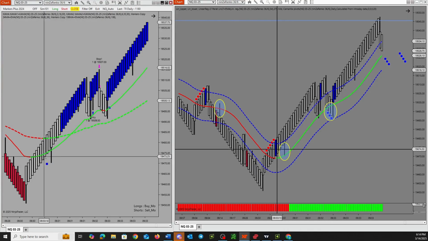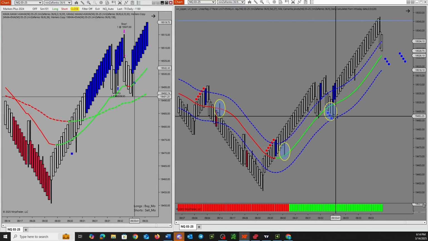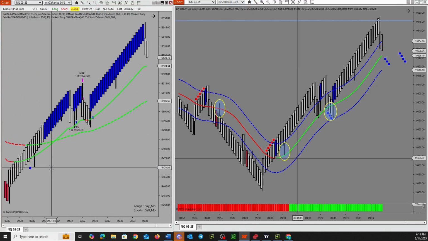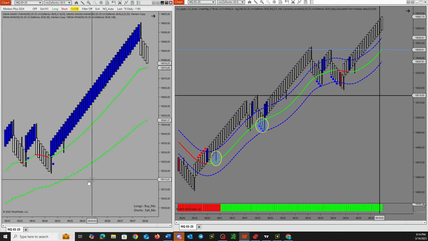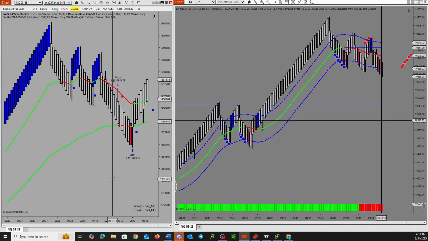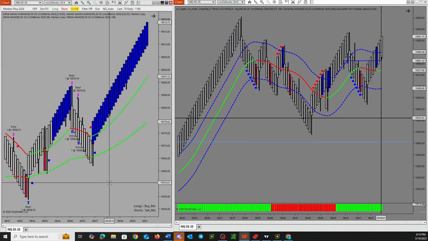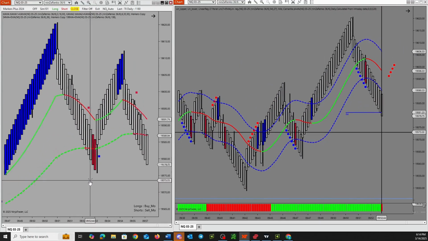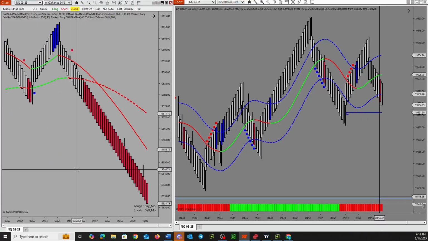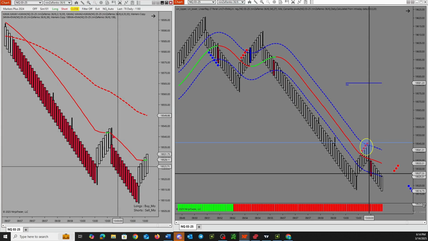Okay, first one, bullish John Wick, beautiful move up. Second one, bullish Jiggle. Bearish Jiggle.